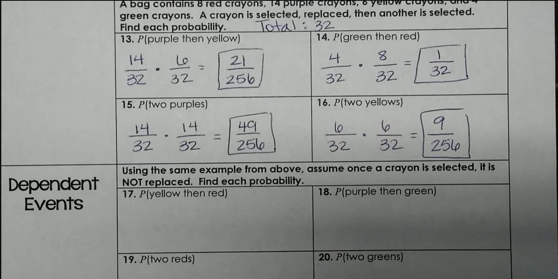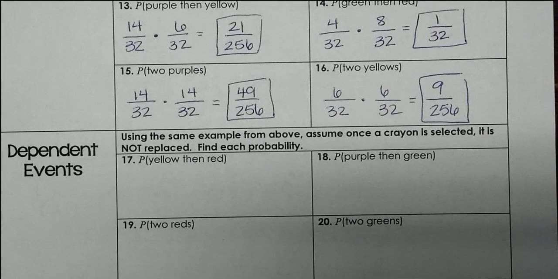Okay, so far we've been looking at independent events. Now we're going to look at dependent. So it says, using the same example from above, we're going to assume once a crayon is selected, it is not replaced. So if it's not replaced, it affects the total number of crayons in the bag. So not only is your total number going to decrease, but your number of whatever color crayon is also going to decrease. So you've got to keep that in mind for the second possibility.